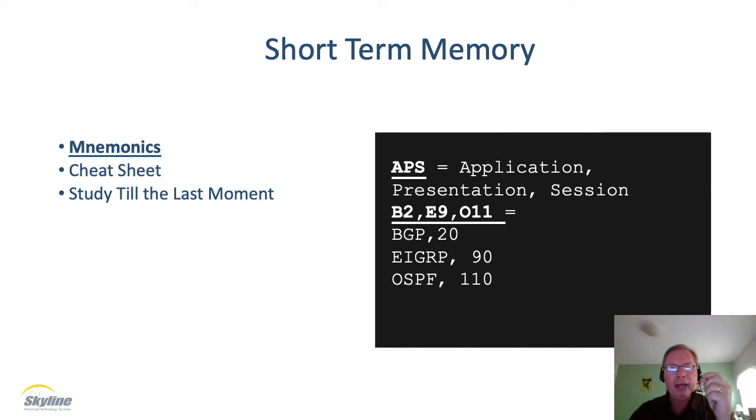The top 3 layers are application, presentation, and session. That spells APPS. So walking into the test, going through my mind, I had apps. Apps. Remember, apps. That's the type of thing you can do.